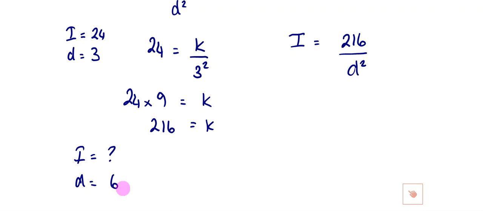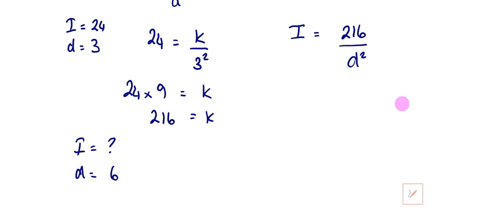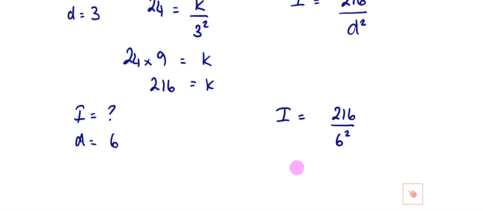Some people jump straight to, oh, well, if you double one, you halve the other. But we need to use the formula just to confirm. So we've got I equals 216 divided by 6 squared. And if we do that, we get I is equal to 6 units.